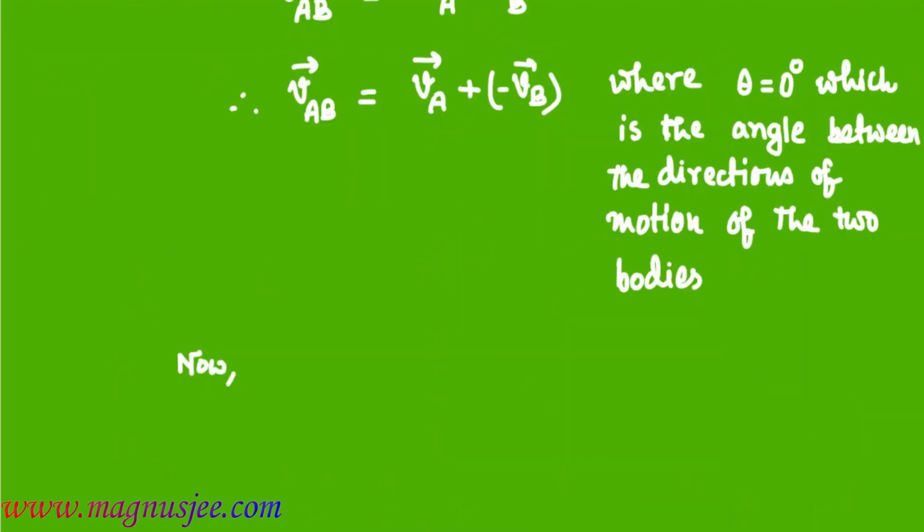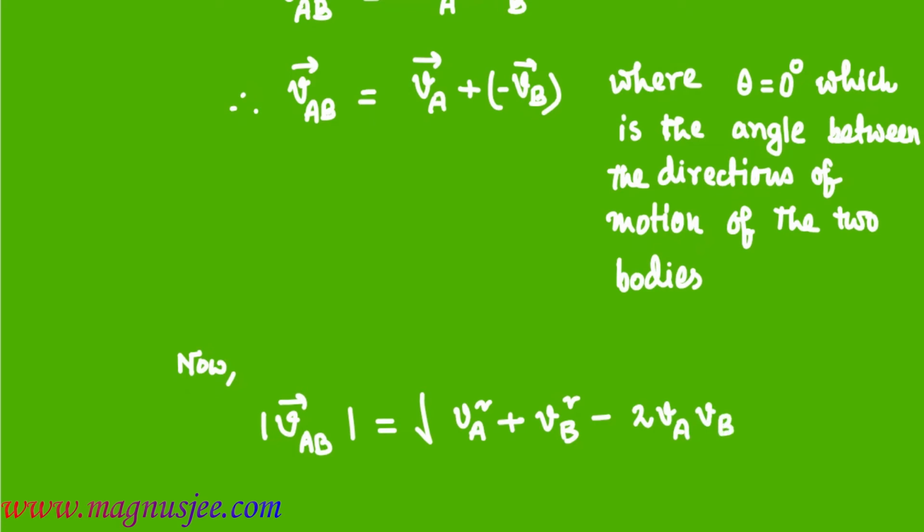Now mod vector VAB equals root over mod vector VA square plus VB square minus 2 VA VB cos theta.